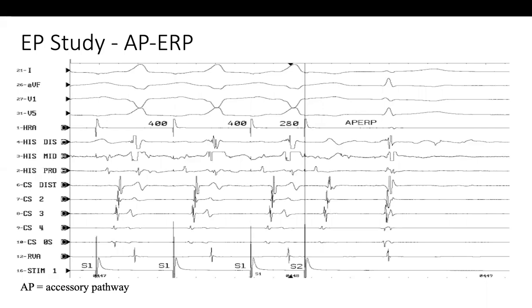So my question to you, where is this accessory pathway from the ECG rather than the intracardiac? I know that the ECG has only four channels, lead 1, AVF, V1, V5, but I believe it's enough to tell us exactly where it is. With the negative QRS complex in V1, that means right-sided.